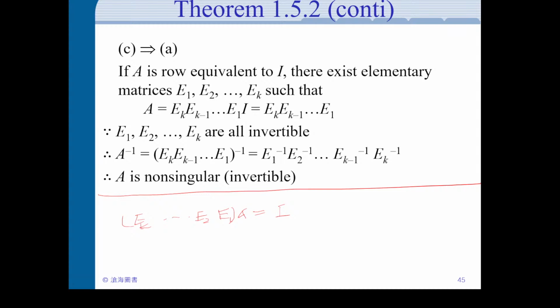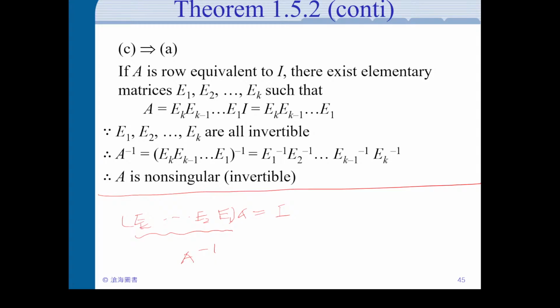So we can do a whole bunch of row operations on A to get it to the identity matrix, and then this string of matrices is just A minus 1. So this is the faster proof.